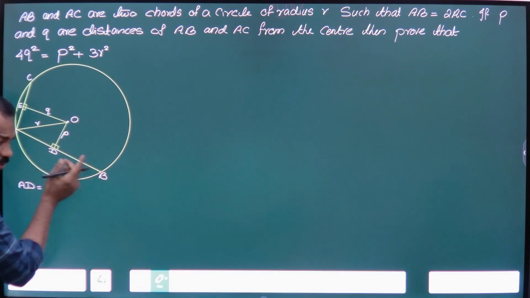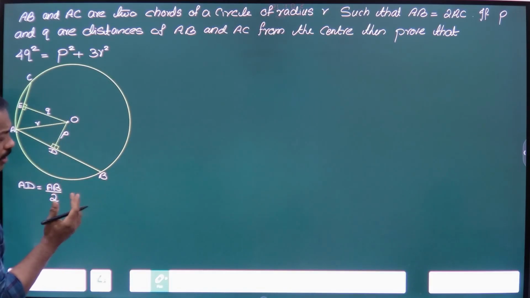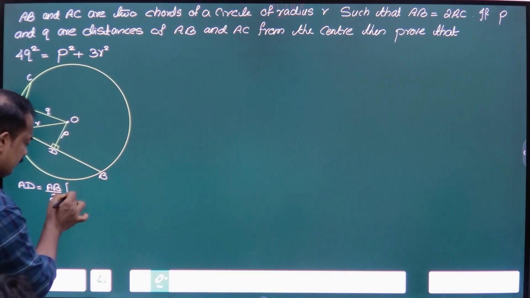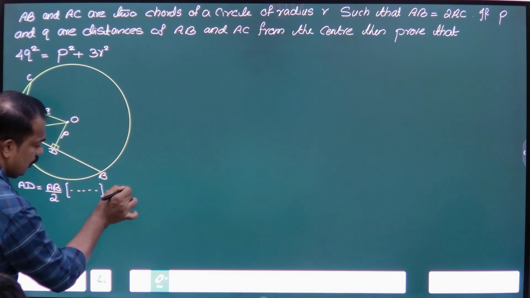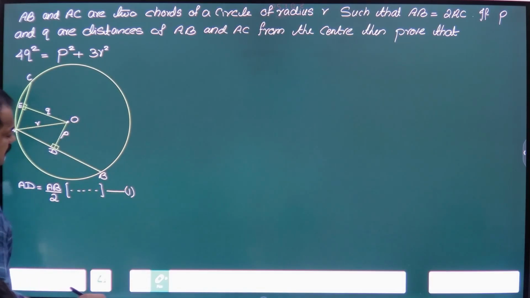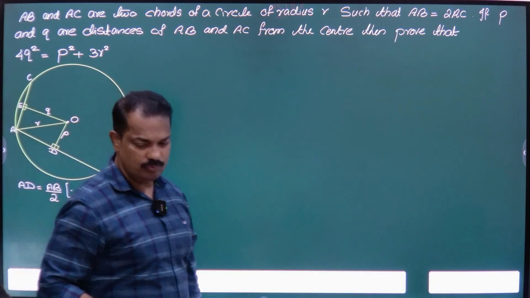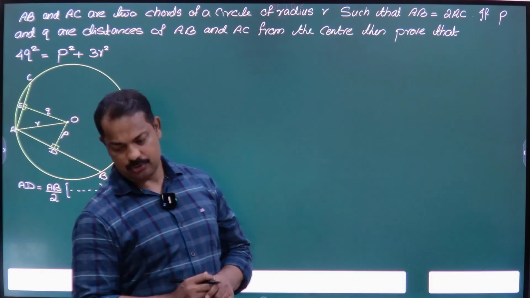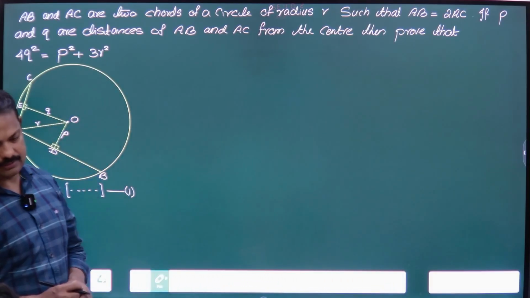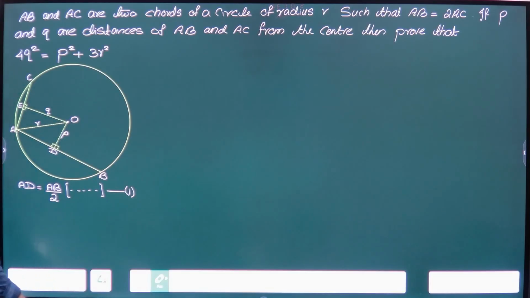AD is equal to half of AB. Write in bracket the theorem: perpendicular from the center to the chord bisects the chord, equation 1.